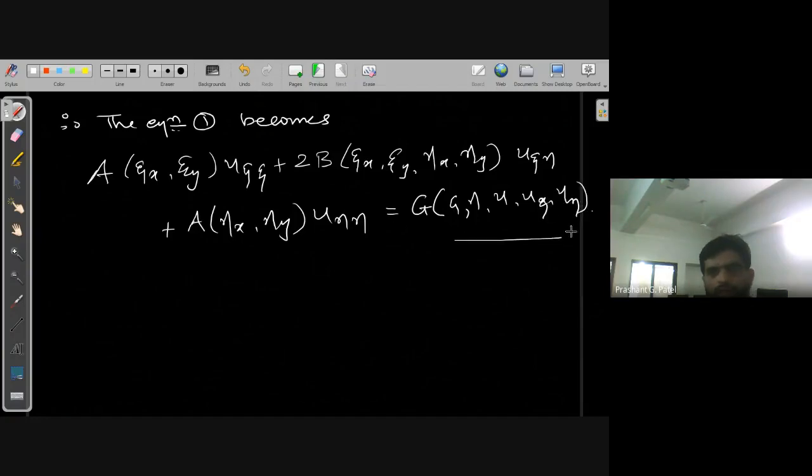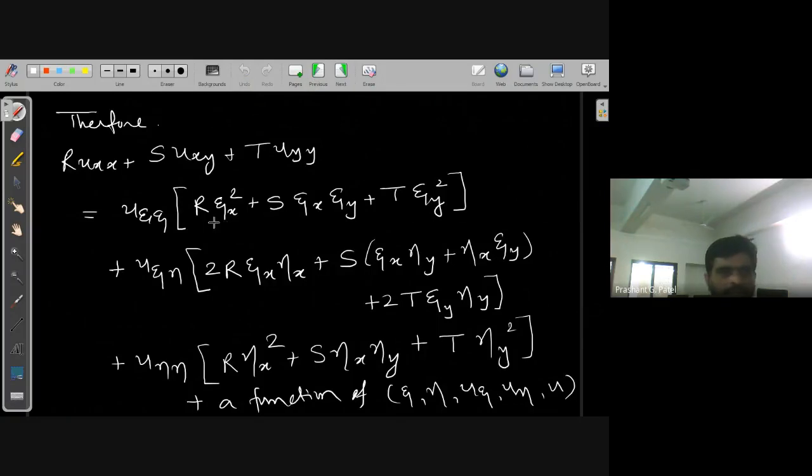I will call this equation number 2, where we have to determine the values of a and beta. The value of a, that is the coefficient of u_xi xi that we have written here, is r u squared plus s u v plus t v squared.